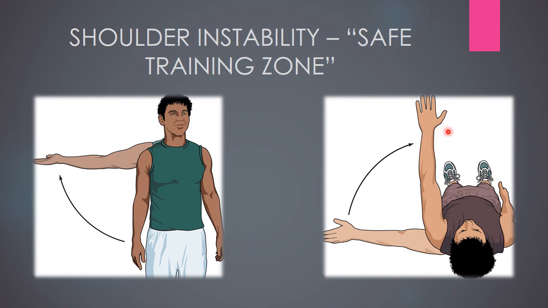As adduction increases, that increases the vector load and would aggravate shoulder instability. As shoulder abduction increases, that also increases anterior forces on the capsule and would aggravate shoulder instability.